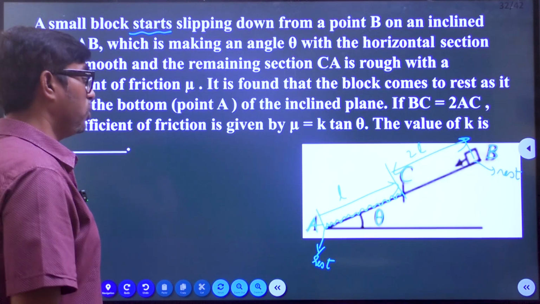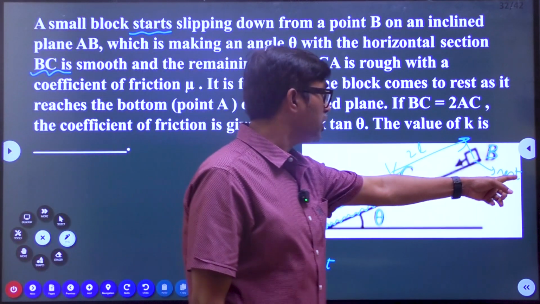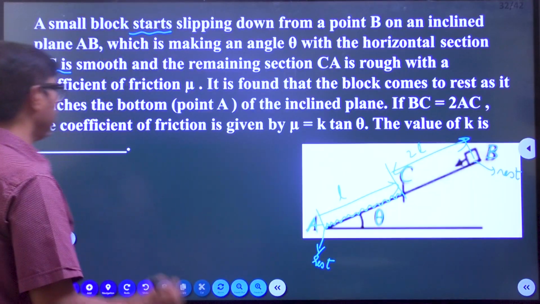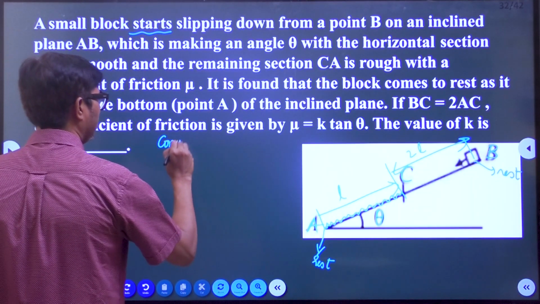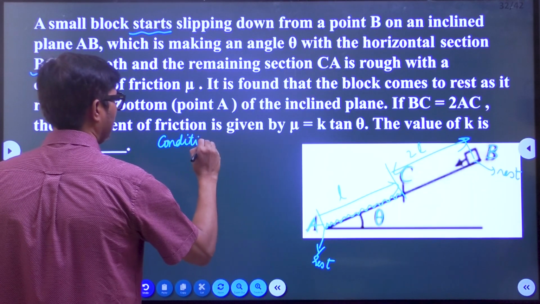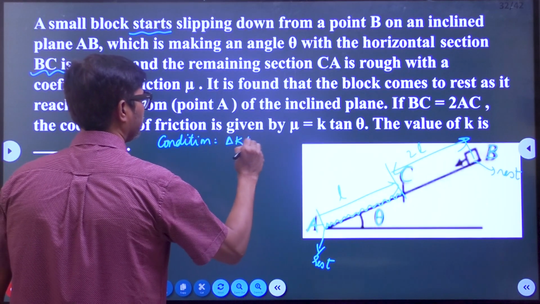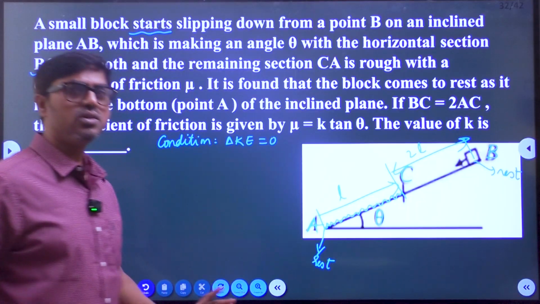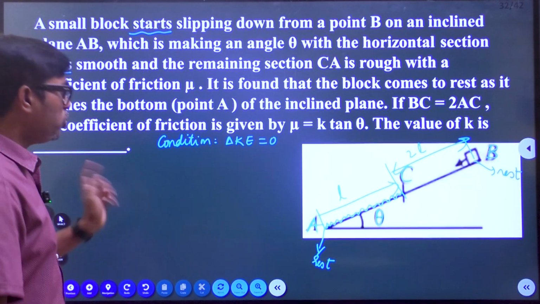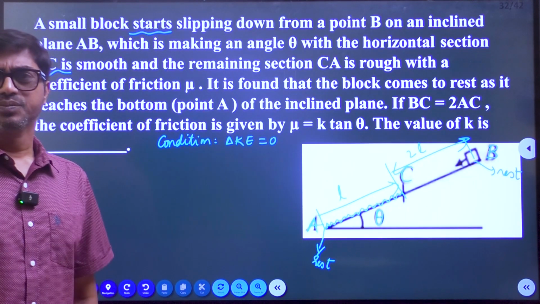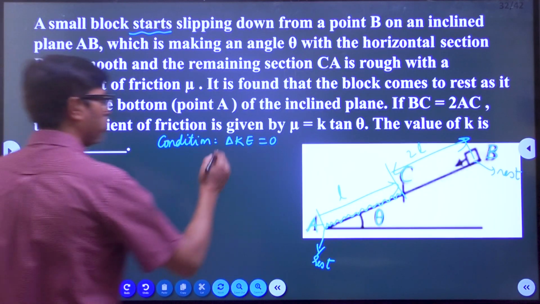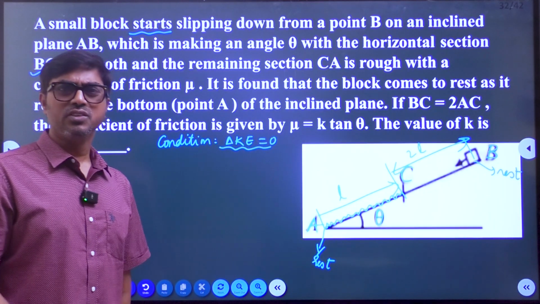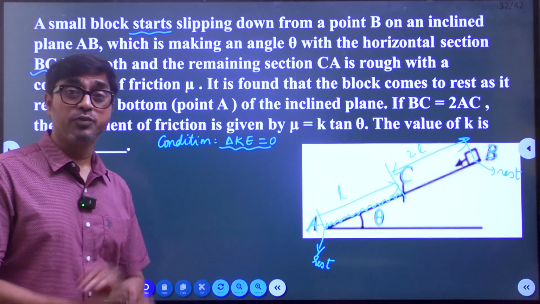So what is the condition here? It has to start from rest, and finally when it reaches the bottom, it should have zero velocity. So the conditional equation that I need to use is that change in kinetic energy is zero. Initial kinetic energy is zero, final kinetic energy is zero, so change in kinetic energy is zero. Using that, I need to calculate K. The moment I see change in kinetic energy, I want to use conservation of mechanical energy, but obviously you can't apply it here because it's kinetic friction, a dissipative force.